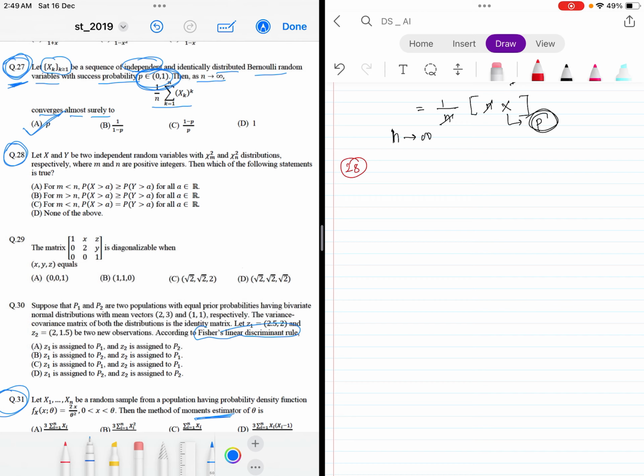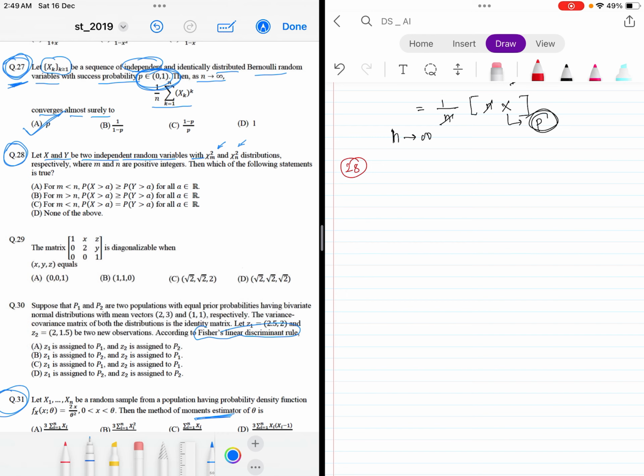So this question number 28 is asking: let X and Y be two independent random variables, and these two have chi-square distributions, respectively, where m and n are positive.